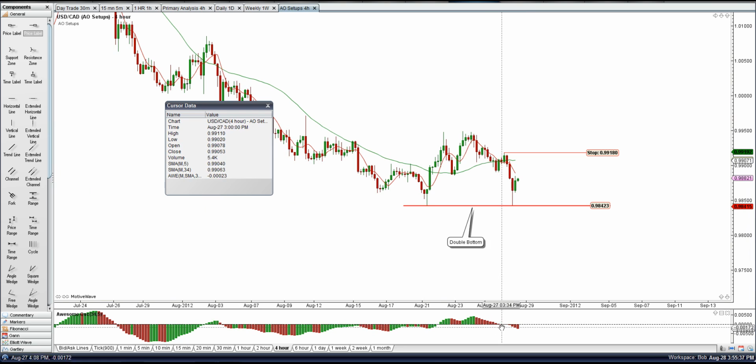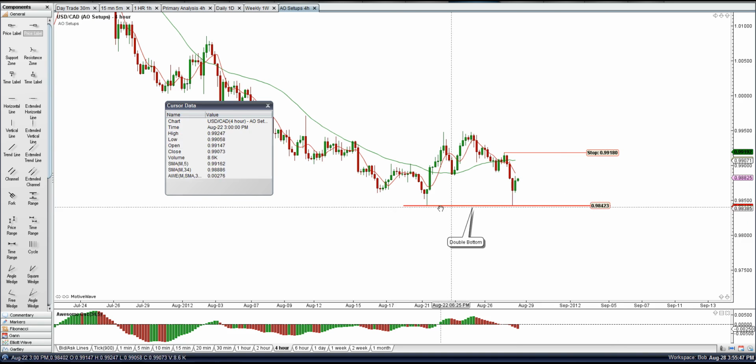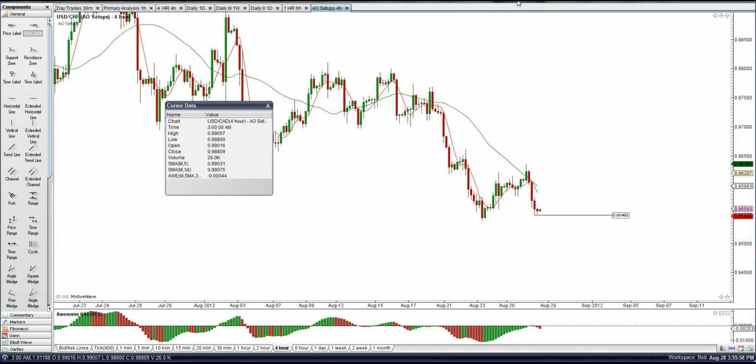CAD, we got the zero line cross right here on this one. So close below 98.42, and then we have a double bottom going on here. Possibly 1, 2, 1, 2, 3, 4, and a 5 and a 4, 5 coming down here yet.